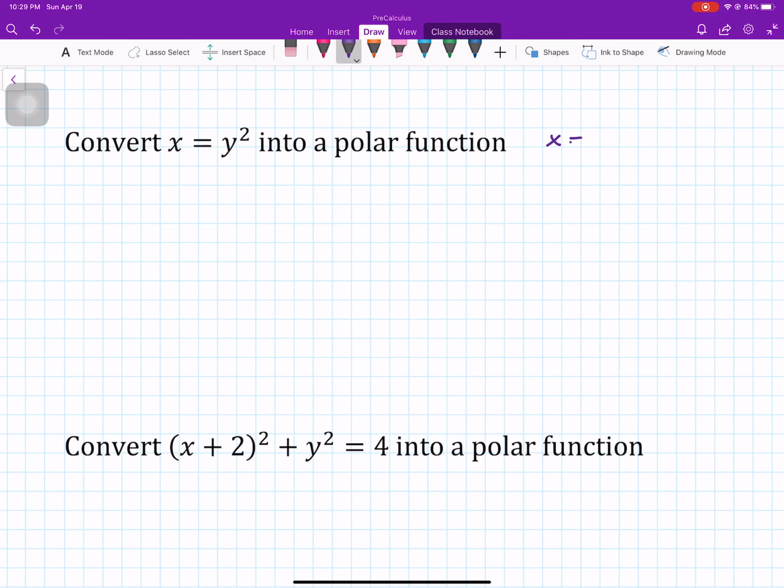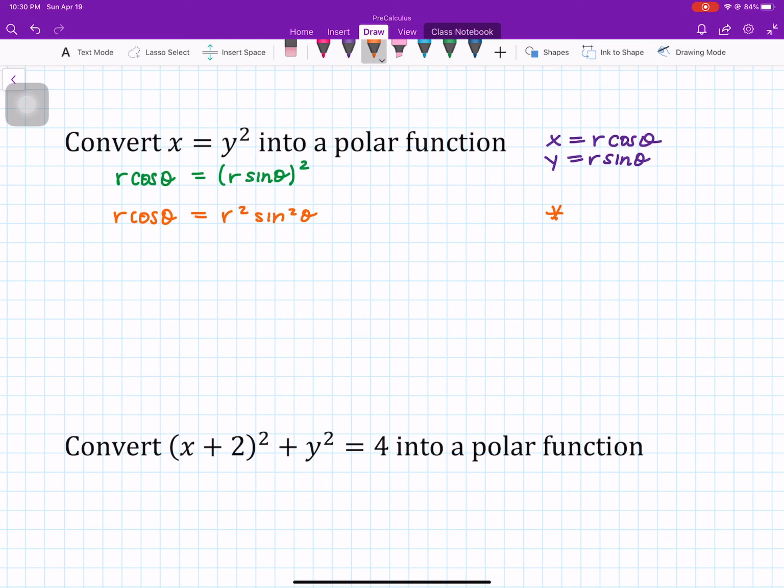This one gets a little bit more fancy. Let's keep these in mind. So we have x equals r cosine theta, so I'm going to replace x with r cosine theta. And then y is r sine theta. When you square this, make sure you square both the r and the sine.